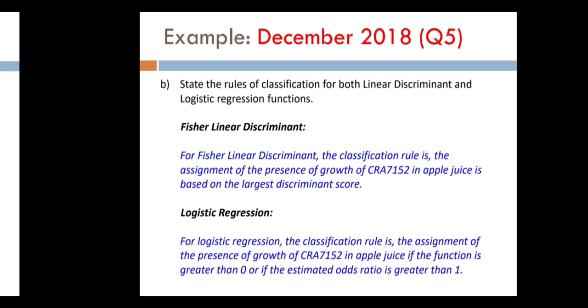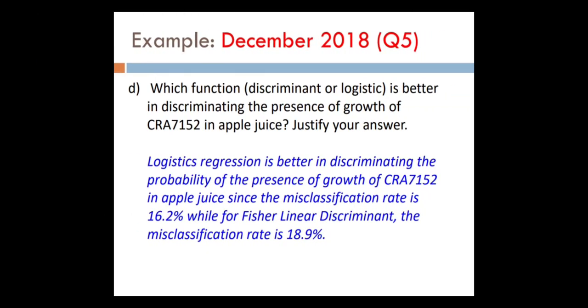So we choose the function that has the lower misclassification rate, which is logistic regression. So we say that logistic regression is better. Okay, I hope with this example and explanation, you can understand logistic regression better.